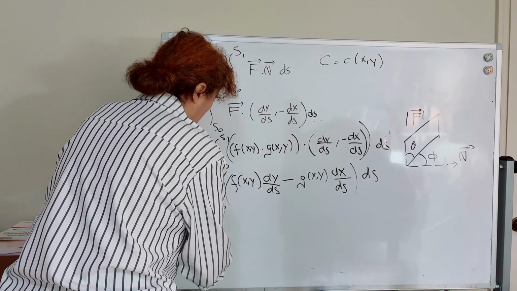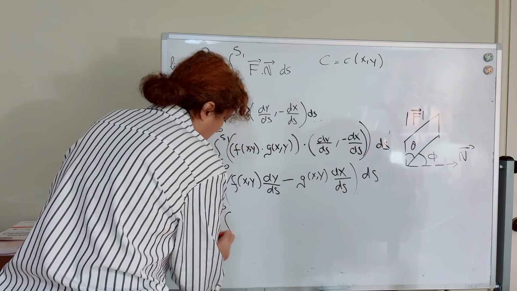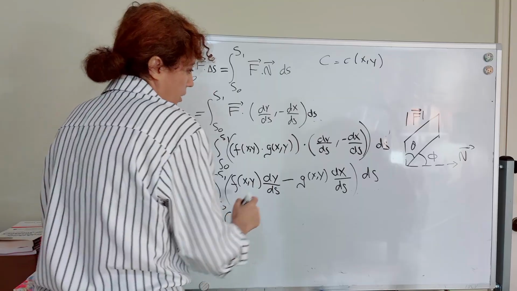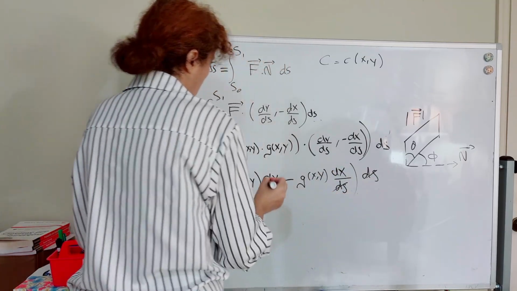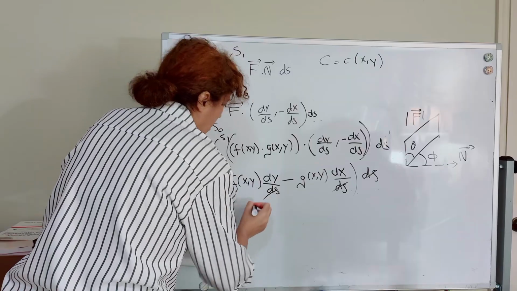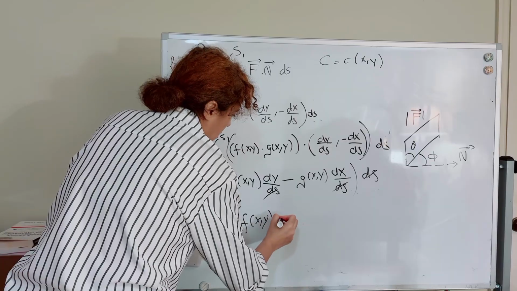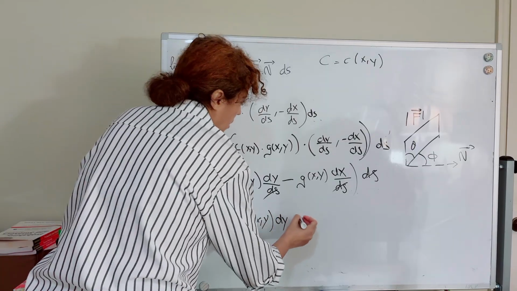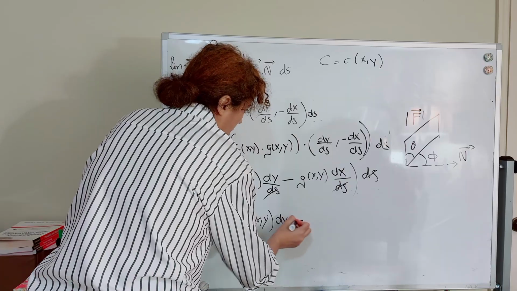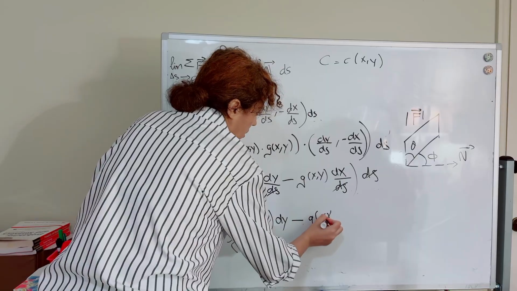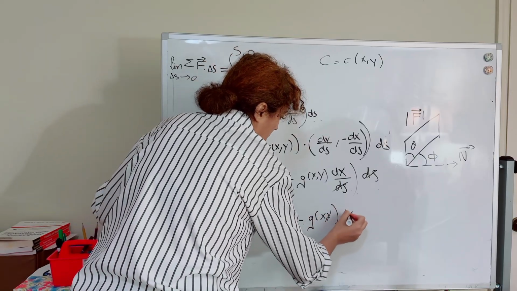Here we have, over the curve C, the ds is going to cancel. I'm going to have f of xy dy minus g of xy dx.